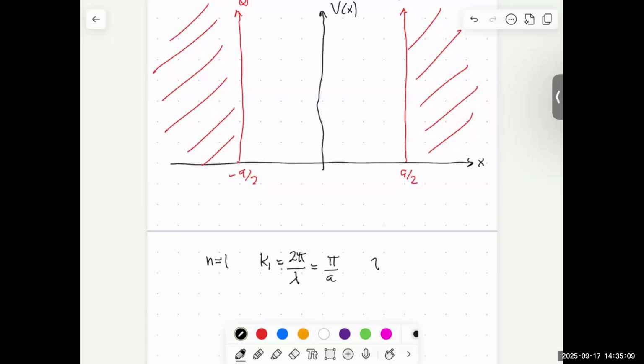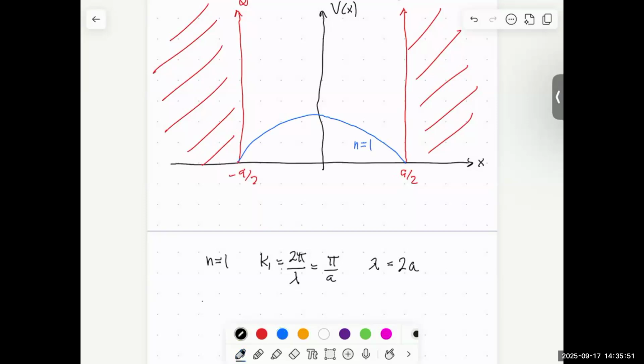So if I solve for this, lambda is equal to, cancel the pi, lambda is equal to 2a. All right, so the wavelength is twice the width of the well, or half a wavelength fits in. We know that the wave function has to go to 0 at the boundaries, and so the only way we could fit half a wavelength in there is like so. So this is the n equals 1 solution.